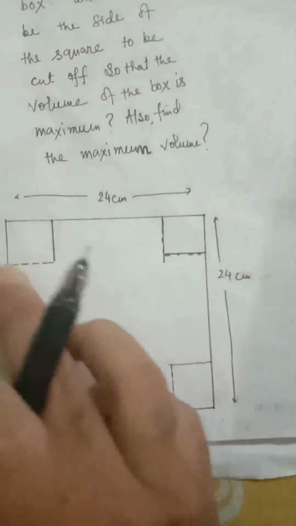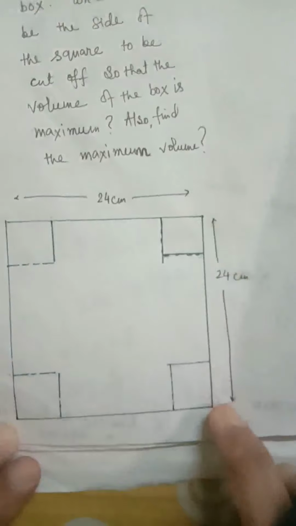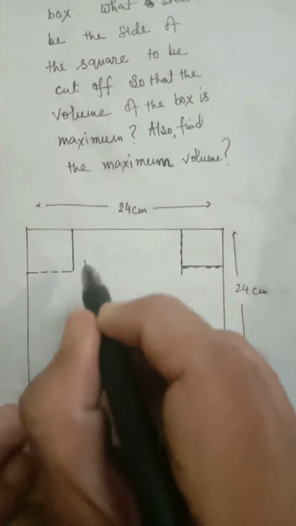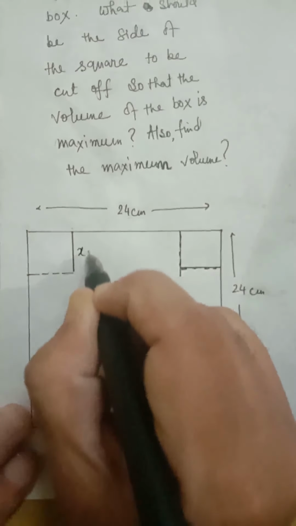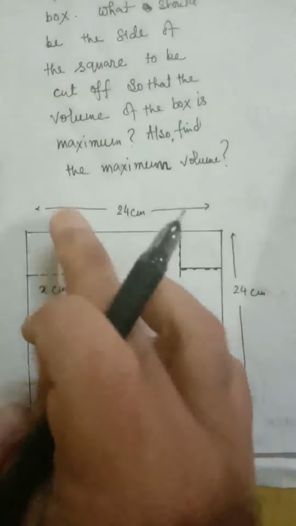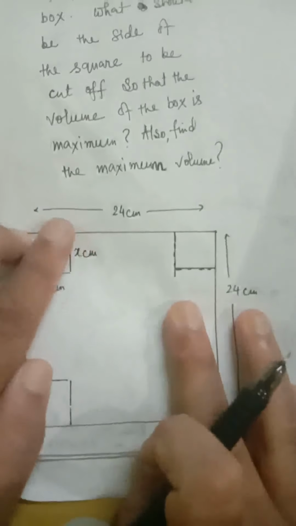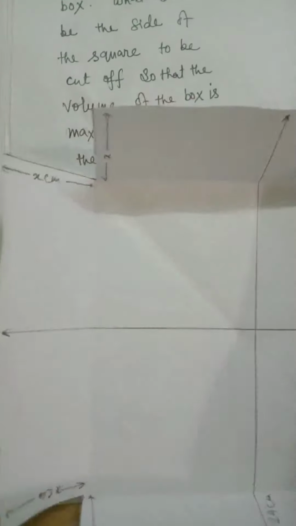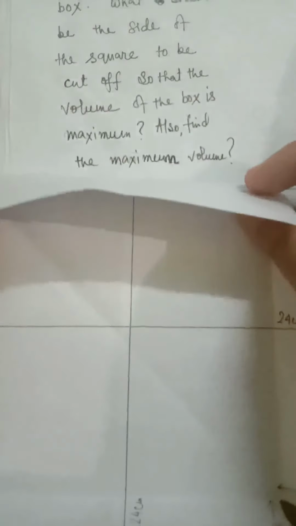So suppose this is a square piece of tin with each side 24 cm. From each corner we have removed a square of side x centimeter. If we remove this part and fold the flap in this way, we will get a box which is open at the top.